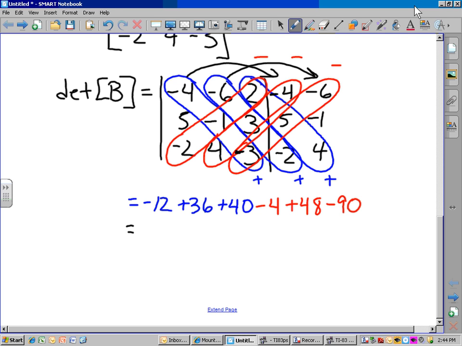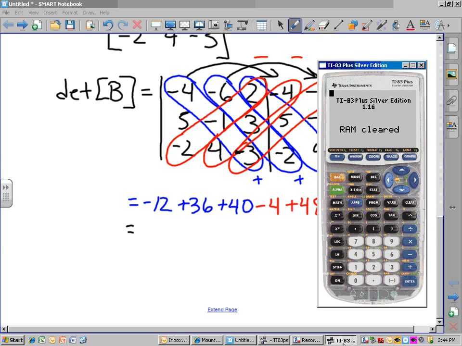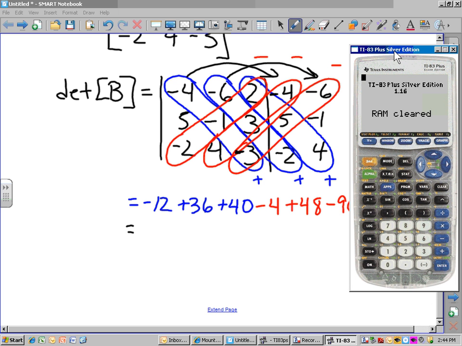Okay, so here's the calculator. Negative 12 plus 36 plus 40 minus 4 plus 48 minus 90. We get 18.